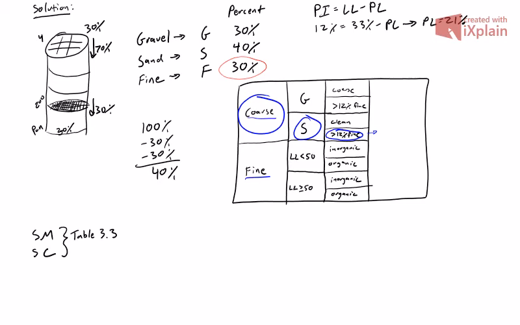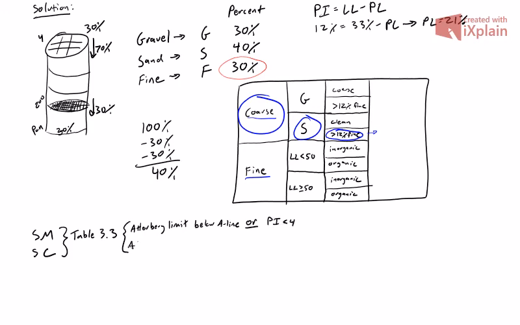Right? So if we look at table 3.3, the specifications for SM and SC, so SM says the Atterberg limit is below the A line or the plasticity index is less than 4.